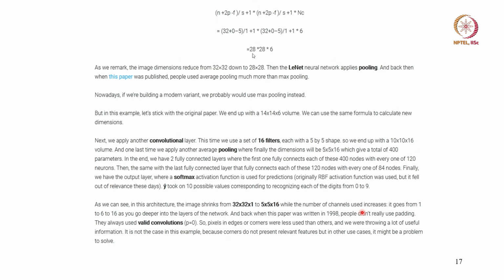So you are going to get 28. So you are getting 28 into 28 into 6. NC is the number of channels, which is the number of filters. So you are getting 28 into 28 into 6, right? So this is how this actually works.